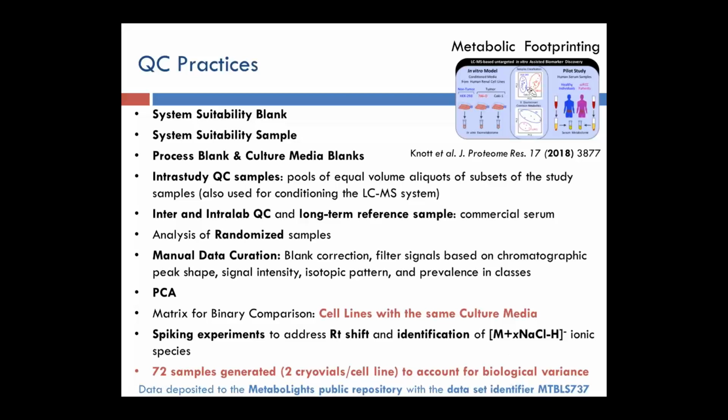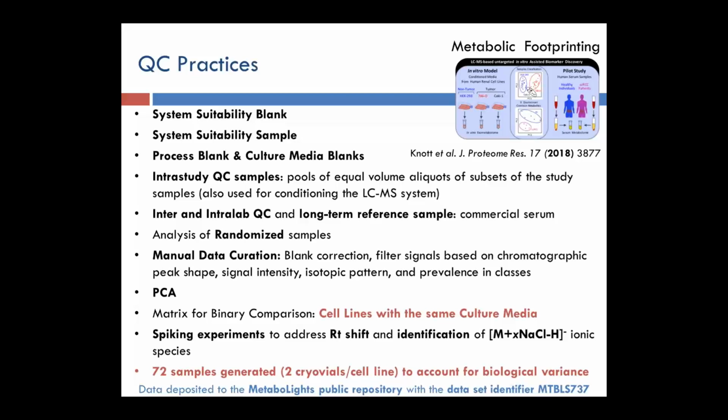These appeared in the form of sodium chloride clusters. And in particular, another point that we found important in this study was to have an experimental design that would allow us to account for biological variance, even if the in vitro models are controlled systems. We aimed at generating samples starting from 2 cryovials for each cell line and generating 72 samples.